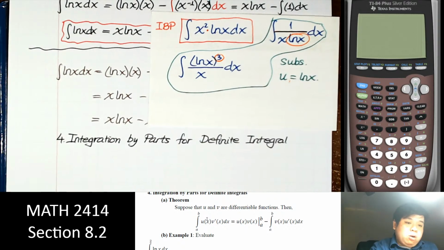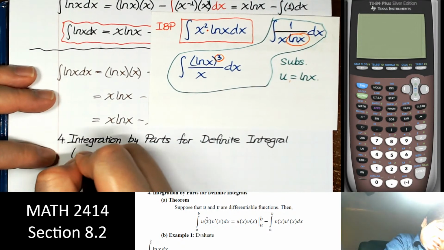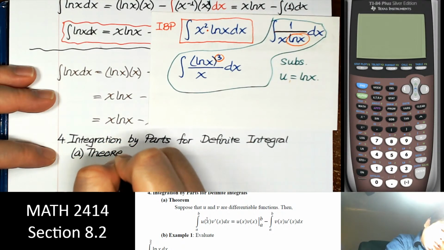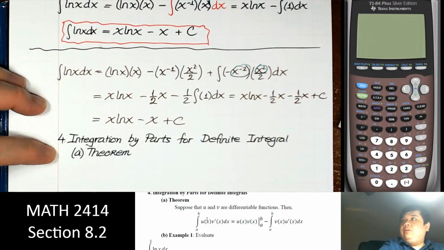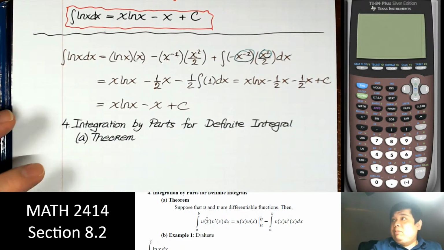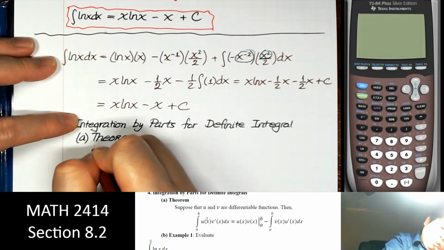So integration by parts for definite integrals. Let me write this out. Now we have the integrals, but with the limit.